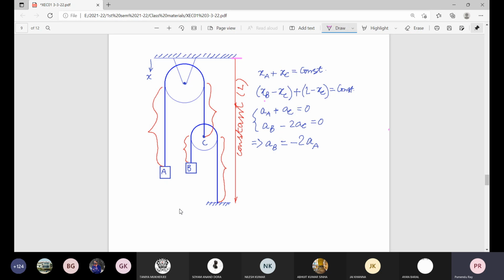So regarding this part, that is the second rope length, xb minus xc, the left hand side hanging portion, and L minus xc, the right hand side with respect to the pulley C. It is not that conventional free end.